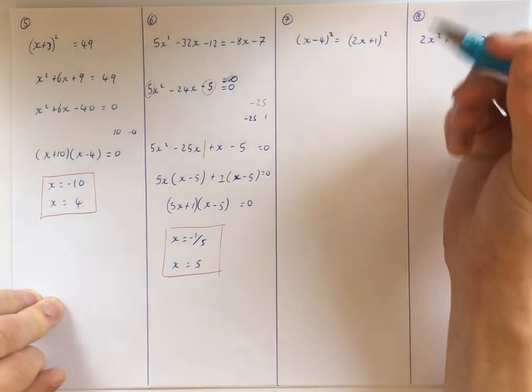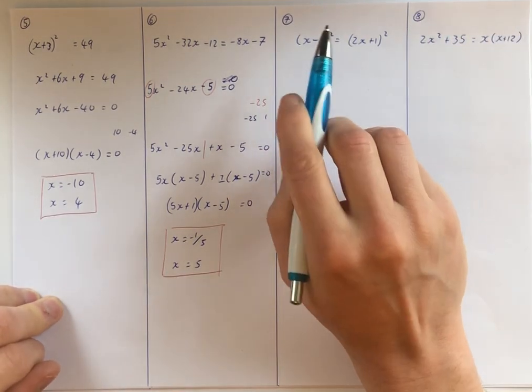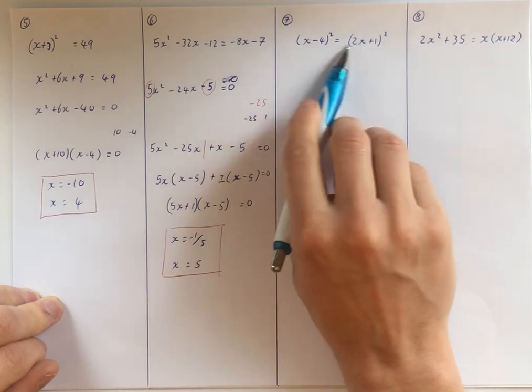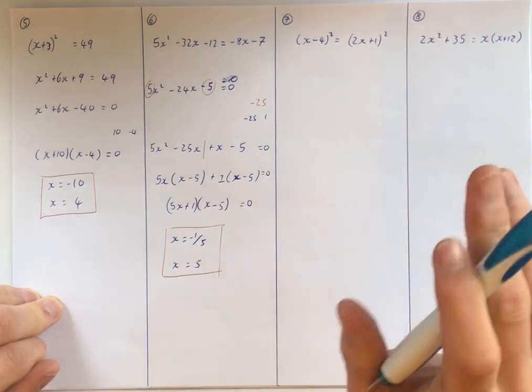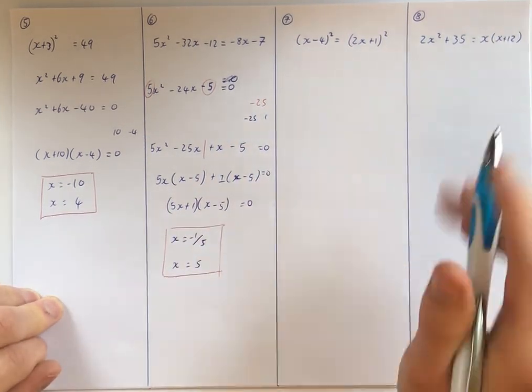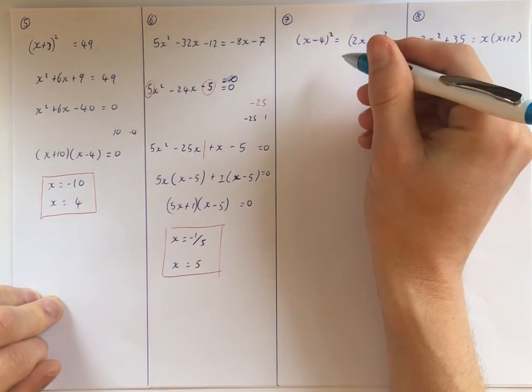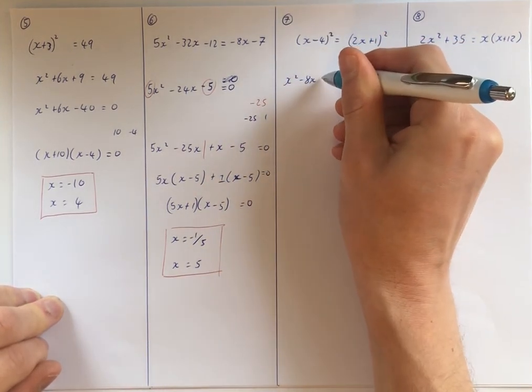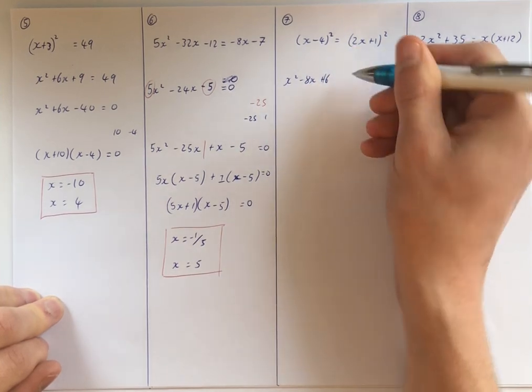All right. We want a quadratic to equal 0. So we're going to expand both of these out. Let's just get them expanded, and then all we have to worry about is adding and subtracting to both sides. So expanding x minus 4 all squared is x squared minus 8x plus 16.